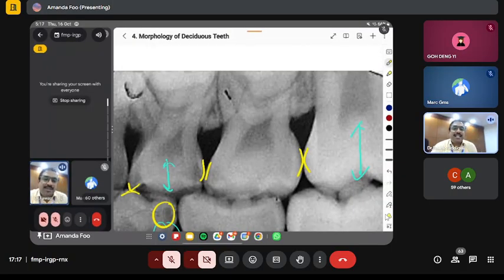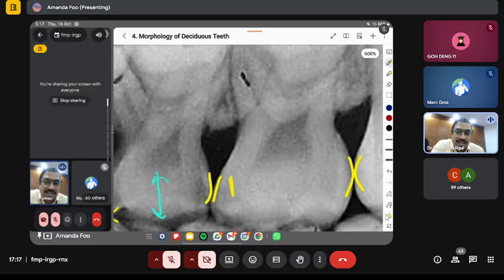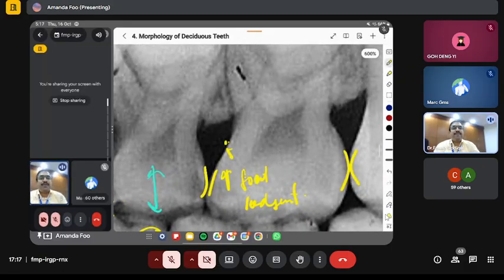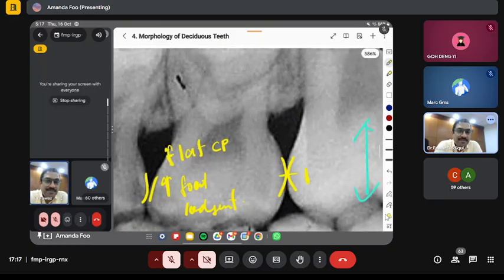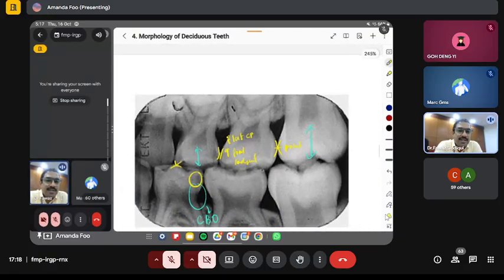That is why in primary molars you will see more interproximal caries if the patient is not flossing. So this is a good radiograph which depicts everything, including the flat contact and the point contact.